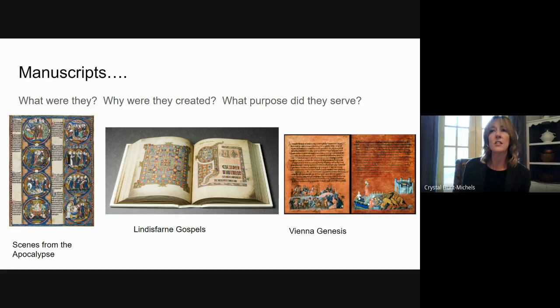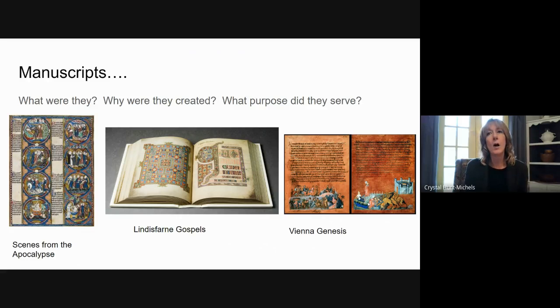What purpose did they serve? We kind of went through that, but again, think about that function, that motivation of art. Oftentimes they were used for sermons in a church. Oftentimes they were used in a personal home for study, for education, to remind yourself of practice and traditions.